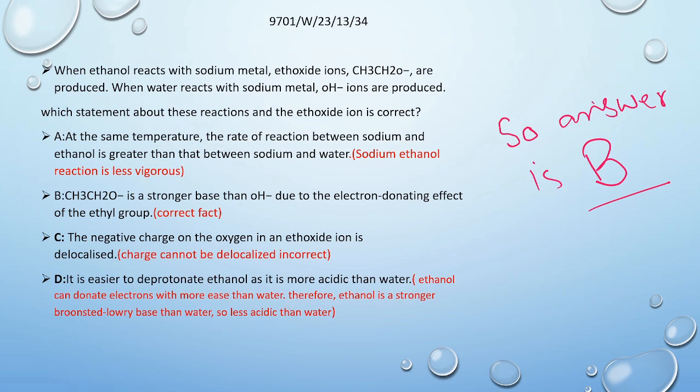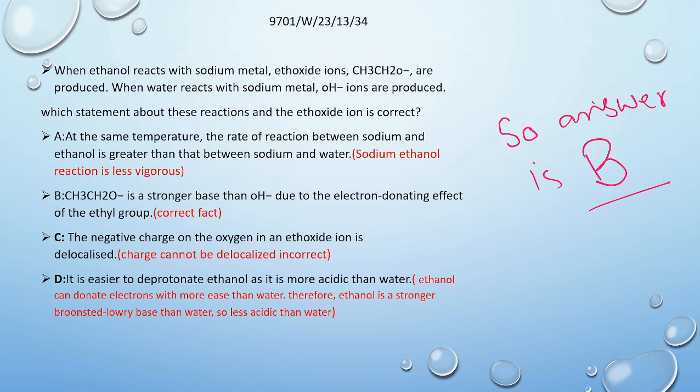Okay, here we have a question. This is an important question. When ethanol reacts with sodium metal, ethoxide ions are formed. When water reacts with sodium, OH- ions are produced. So which statement about these reactions and the ethoxide is correct? The first one: obviously the sodium-ethanol reaction is less vigorous, while they are saying here it is more vigorous.